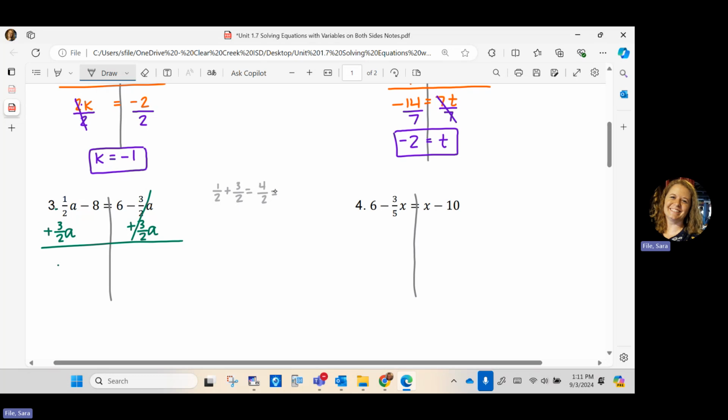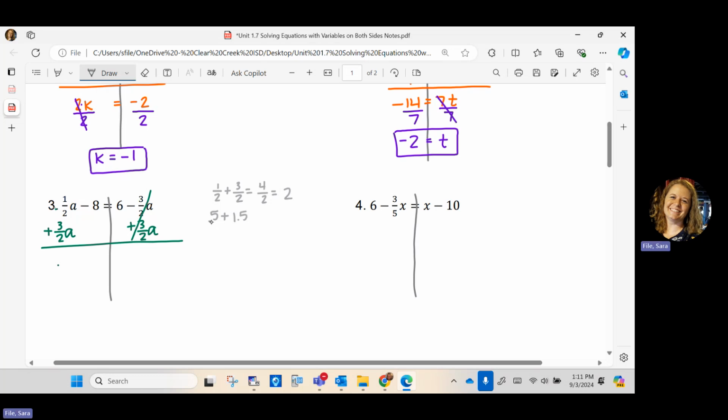So 4/2 is 2. Or if you are not confident or comfortable dealing with the fractions, you can change them to decimals. So 1/2 is the same thing as 0.5. Okay, 3/2 is the same thing as 1.5.